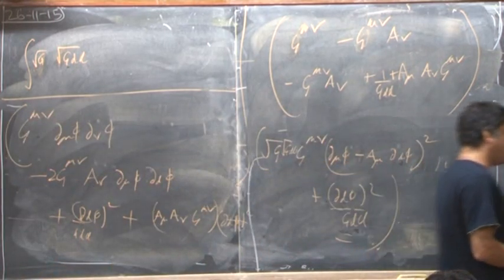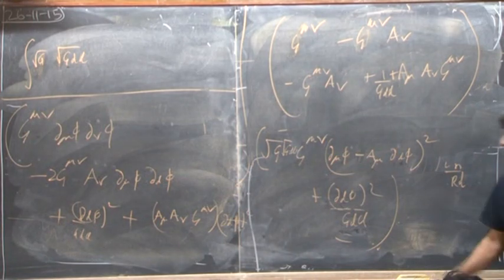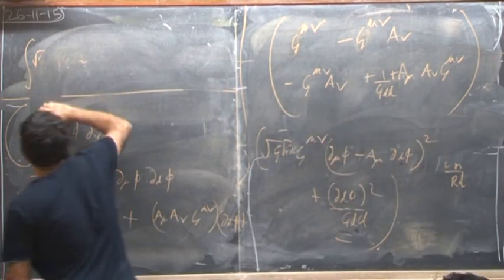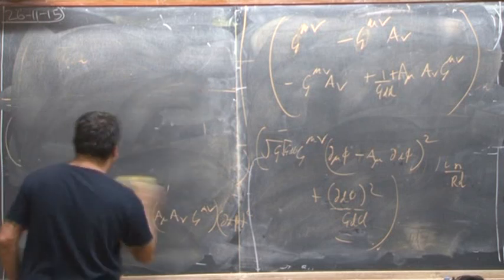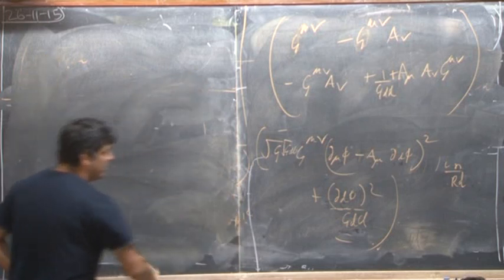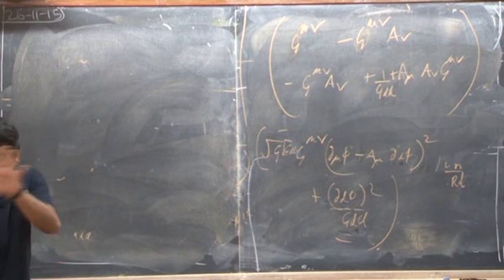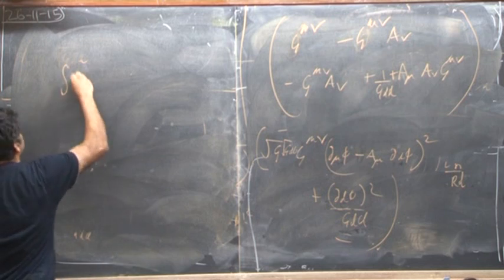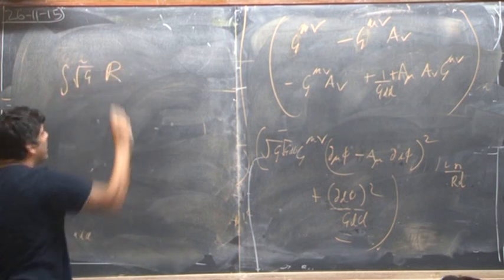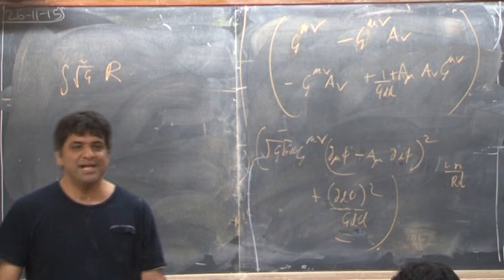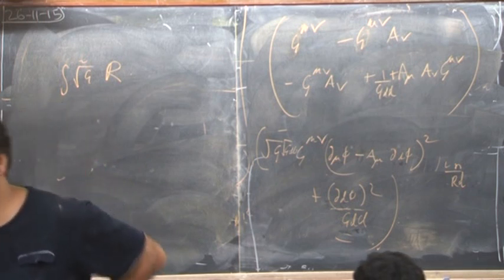Okay, now the next thing that we want to do is to do the same algebra, but for the much more involved situation of not starting with the massless scalar field, but the Einstein action itself. So what we want to do is to start with square root g R in higher dimension and go to the lower dimension.